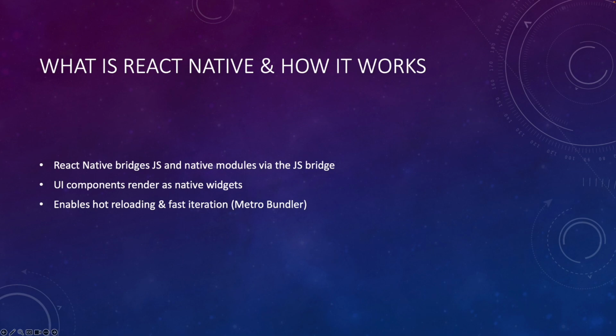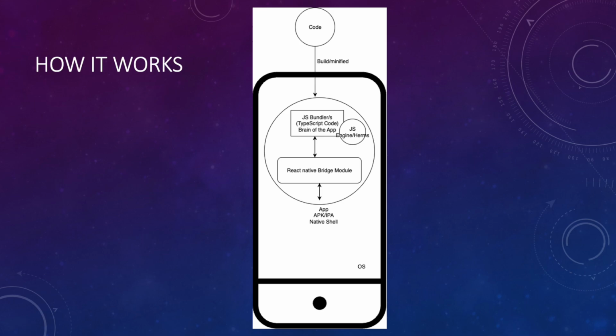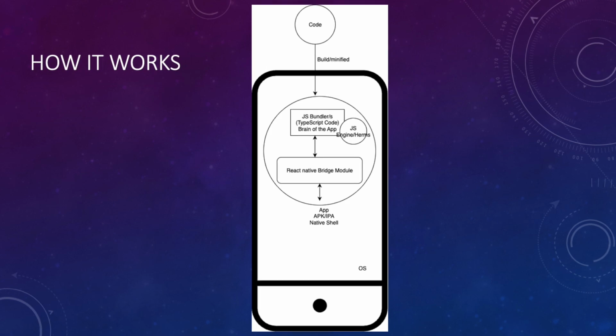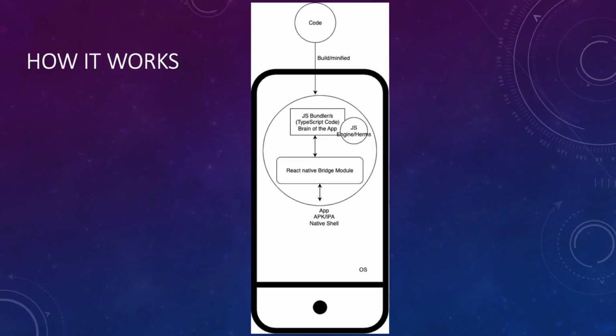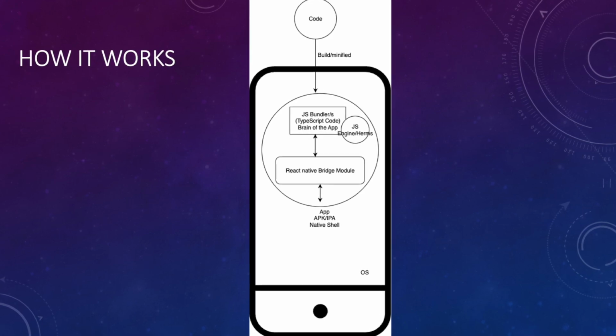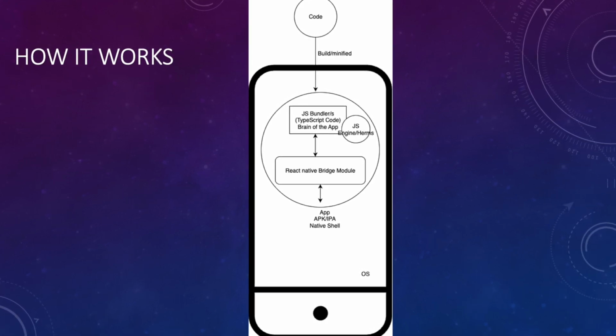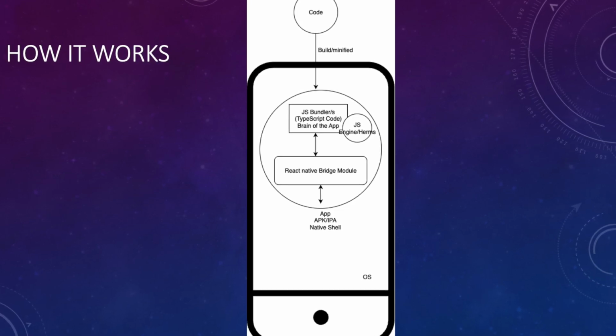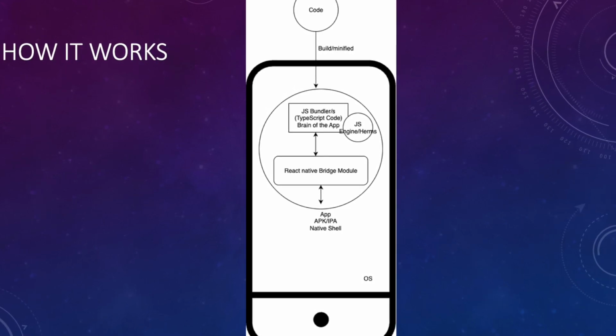For Android, it bundles a JavaScript engine like JavaScriptCore or Hermes. You have heard of the Hermes engine, depending on your configuration. For iOS, it uses the built-in JavaScriptCore framework. This engine is responsible for executing your JavaScript bundle, and the native shell also includes the React Native bridge module.